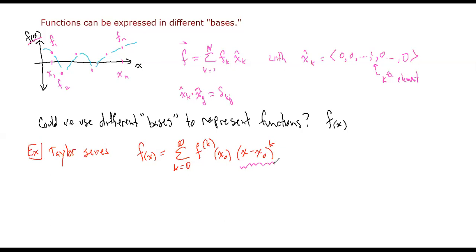You're representing anything, it could be like sine to the 4th power divided by e to the sine of x or something like that, as a Taylor expansion, which is a polynomial expansion. So we'll call this a polynomial basis.